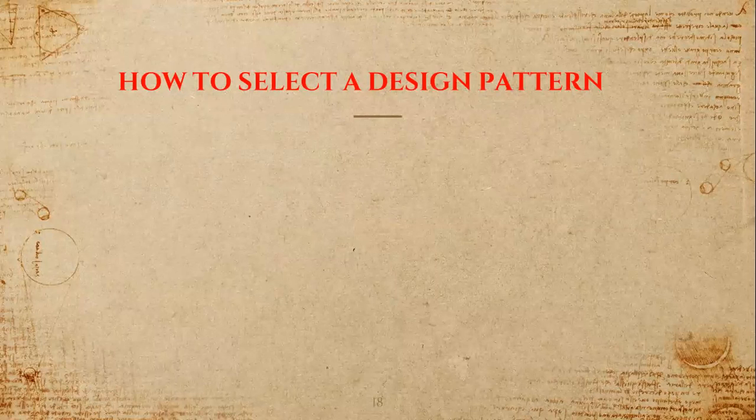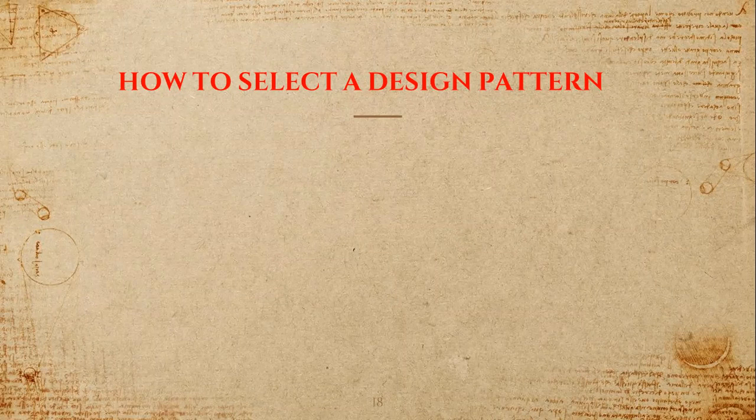There are several different approaches to find the design pattern that is right for your problem. When you have identified your problem, we need to see which catalog pattern to use for that problem.